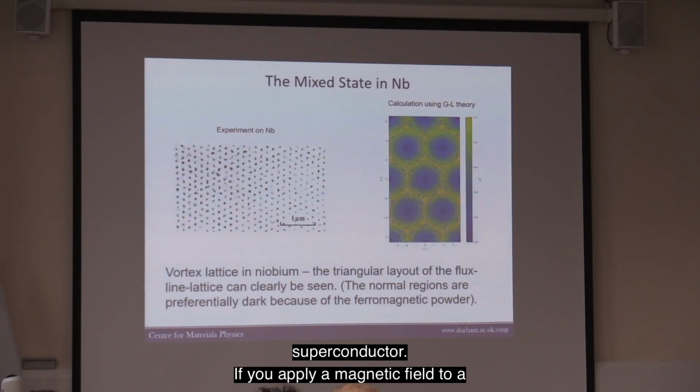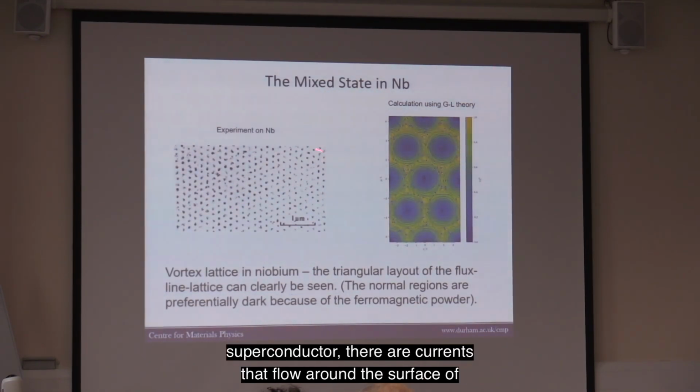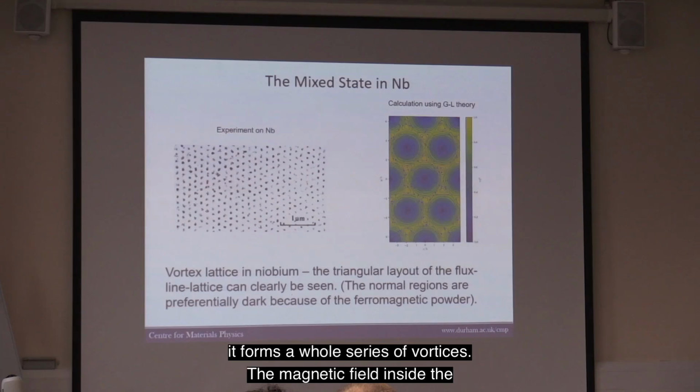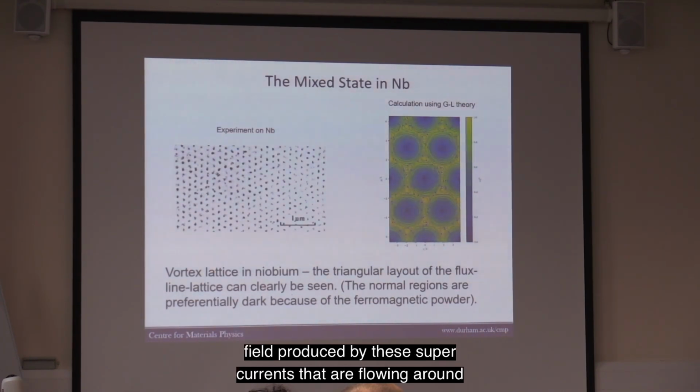If you apply a magnetic field to a superconductor, there are currents that flow around the surface of the superconductor, and inside the superconducting material itself, it forms a whole series of vortices. The magnetic field inside the superconductor is produced both by the applied field and the field produced by these supercurrents that are flowing around each of these vortices here.